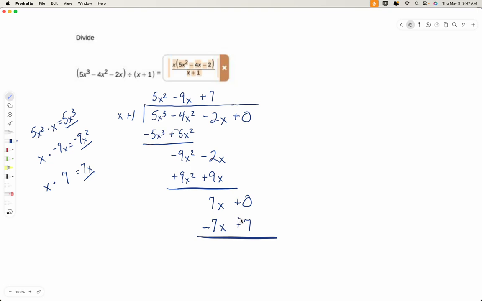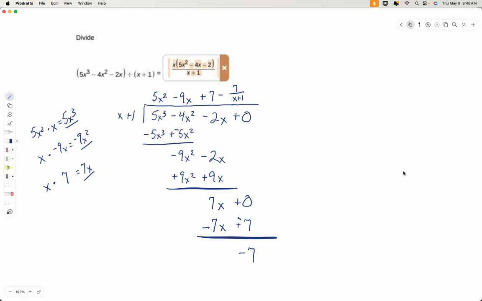Change the sign. This cancels, right? So then this becomes a 0. This becomes negative 7. There are no more x terms. There's none. So our remainder is going to be negative 7 divided by x plus 1.